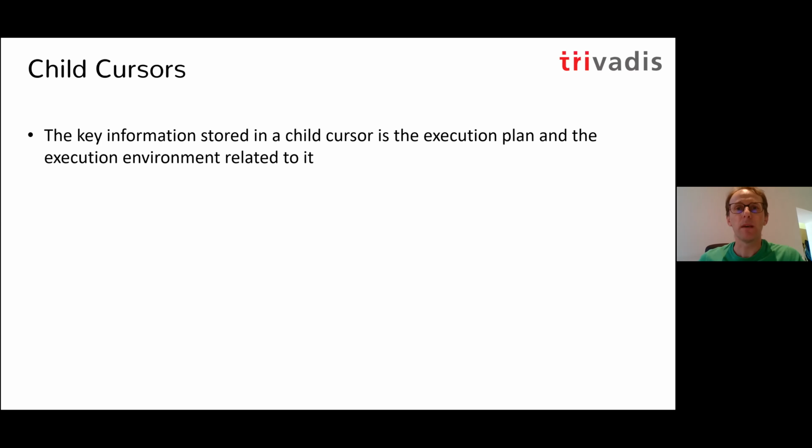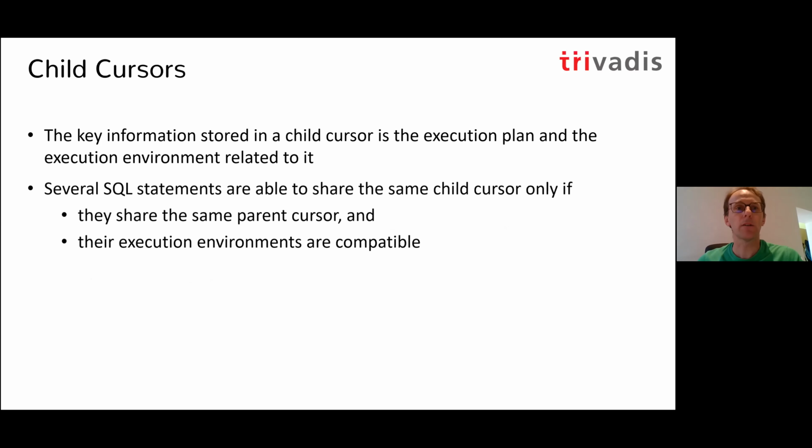So to be able to share the child cursor, there are two basic conditions. The parent cursor must be the same, so you need the same text, and the execution environment must be compatible.